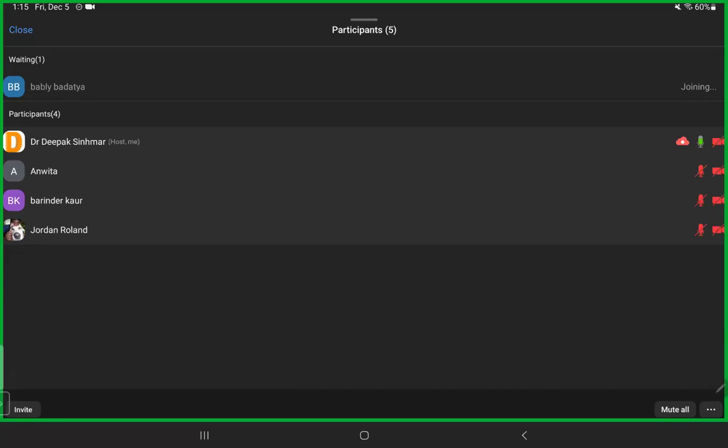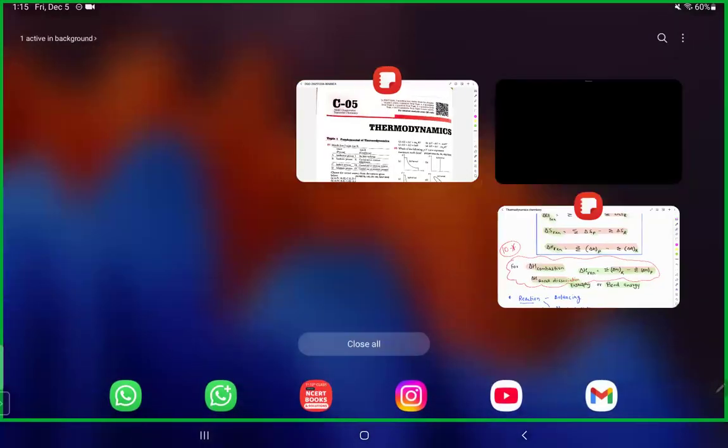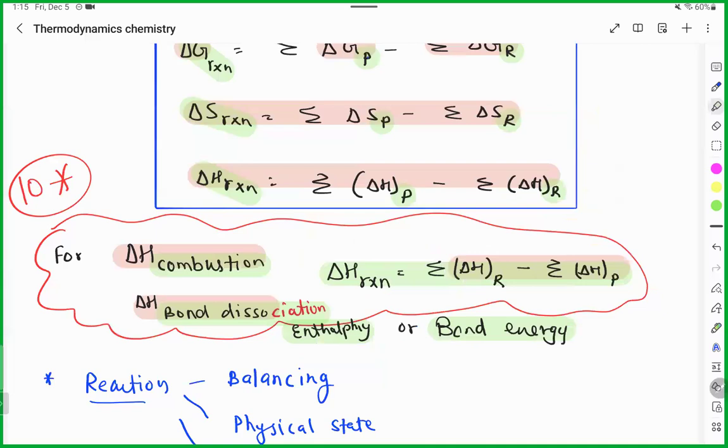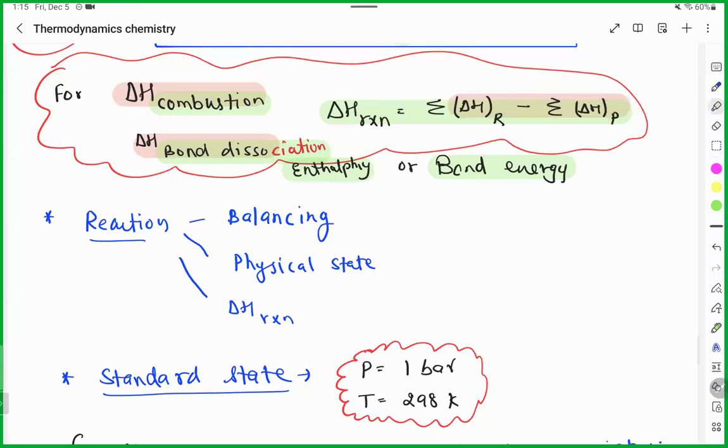Understood? Any doubt? And most of the time, 90% of questions in thermochemistry will be asked from combustion or bond dissociation. Don't worry, we will solve questions.